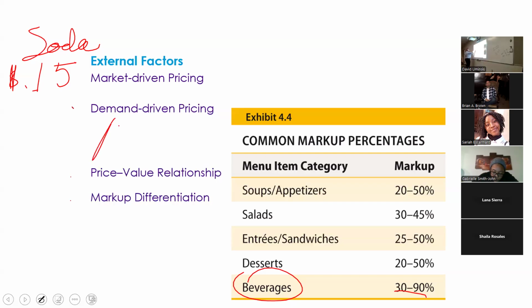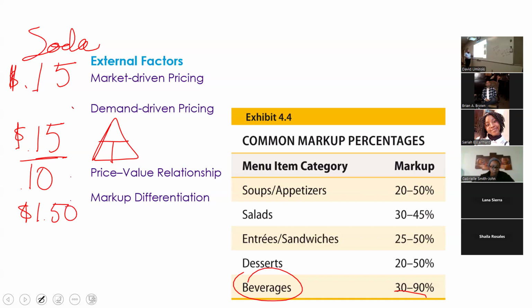So if we use our triangle, and I use my cost of 15 cents, and I divide that by my beverage cost of 0.10, how much should I sell my soda for? What do we think? $1.50.